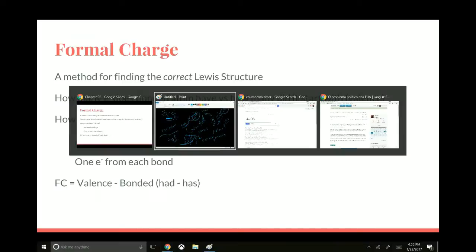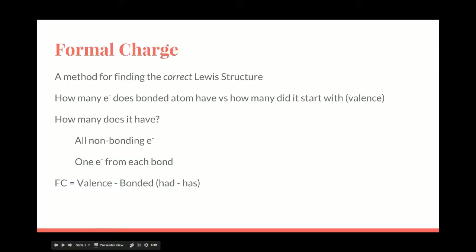Okay. Before we get into formal charge, let me see how much time I have. I have 4 minutes. That's enough time to get a decent start on formal charge. Formal charge is how you judge the correct Lewis structure. What you do is you compare the number of electrons in the bonded atom.